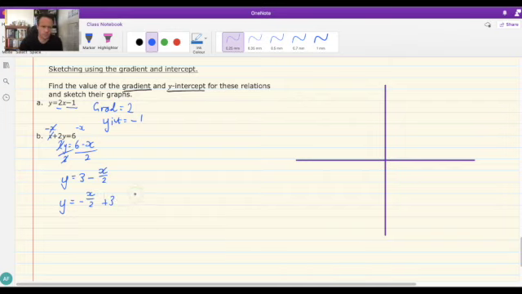Okay, and our gradient and intercept for that one: the y-intercept is obviously 3. Now I'll show you that the gradient is negative half.